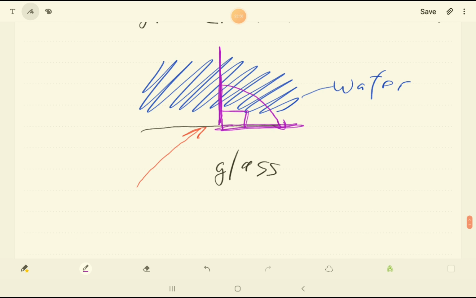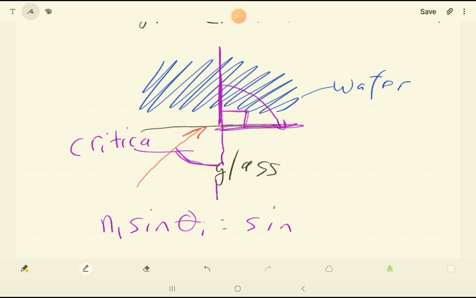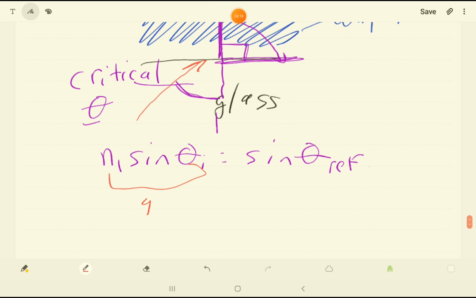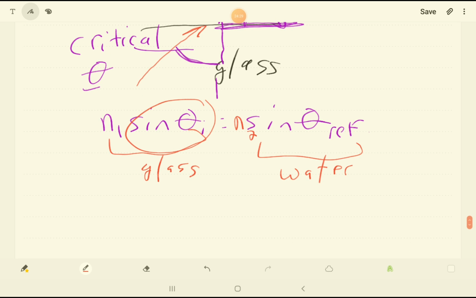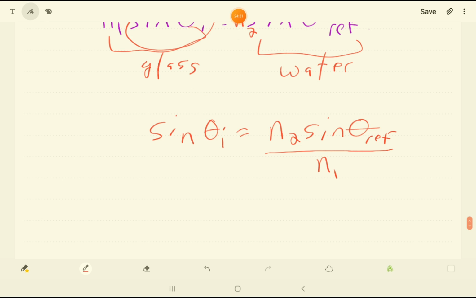And so using Snell's law, we can easily isolate for this critical angle over here, which you can think about as the maximum incident angle. This will be of glass, and this side, sorry, we should have put n2. This side will refer to the water. And so what we're going to do is isolate for sine theta here, which, dividing both sides by the refractive index of glass, will give you that.